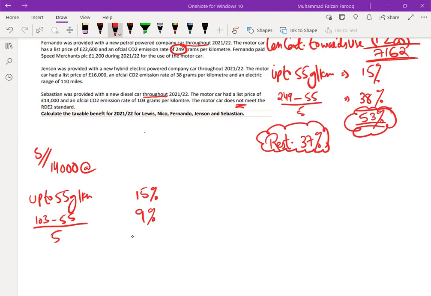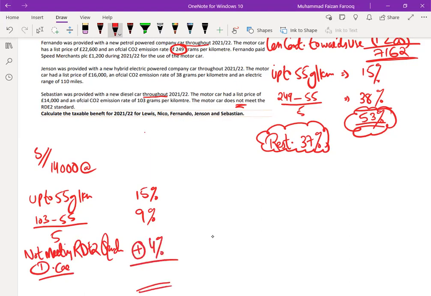But this is a car which is not meeting RDE2 standards, and it's a diesel car, right or wrong? So we are going to add 4 additional percent. We will add 4 extra, or you can say supplement percentage, which is fixed, which is 4.